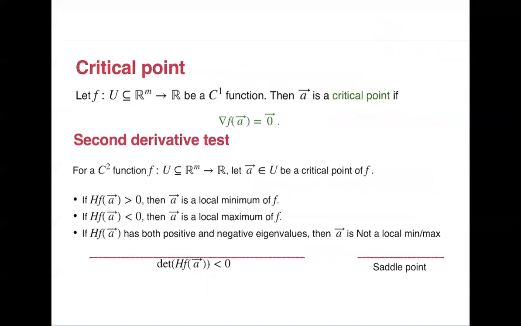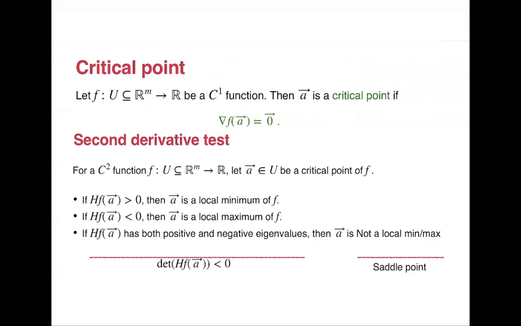Then using the Hessian matrix, we can find the local maximum or minimum or saddle point. Okay, first of all, let's think about what the critical point is. If a function f is given and it is a C1 function, that means it's differentiable, then A is a critical point of a function f if gradient f is 0 at point A. Okay.